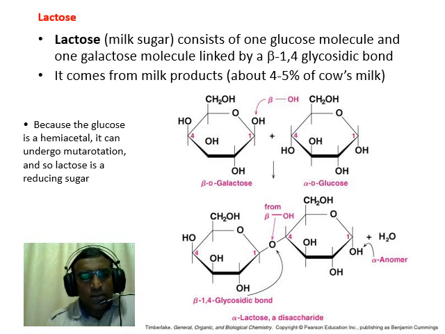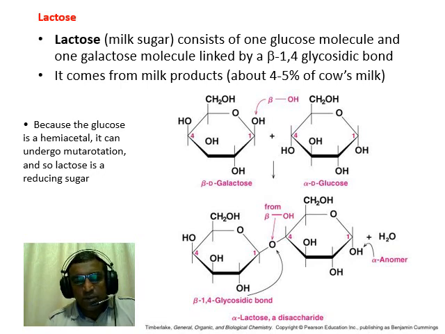Just like maltose, lactose is also a reducing sugar because one of its members is a hemiacetal and therefore can mutarotate to reveal the carbonyl group. Lactose is made up of glucose and galactose, unlike maltose, which is glucose and glucose.